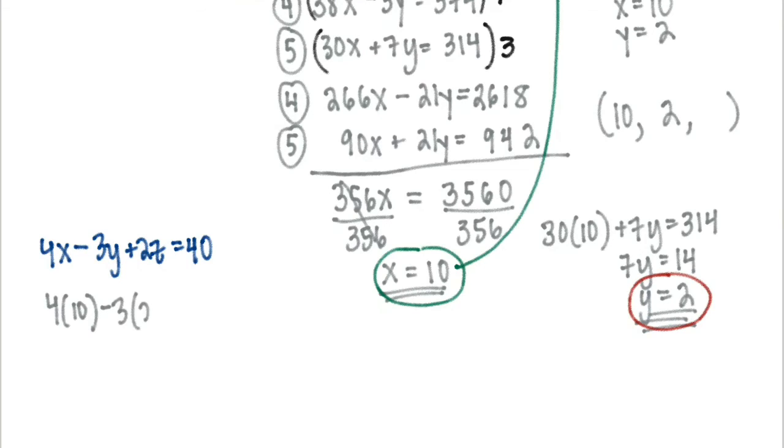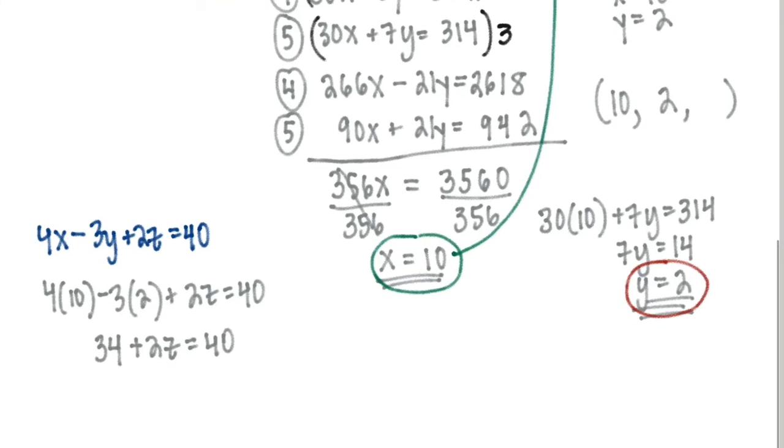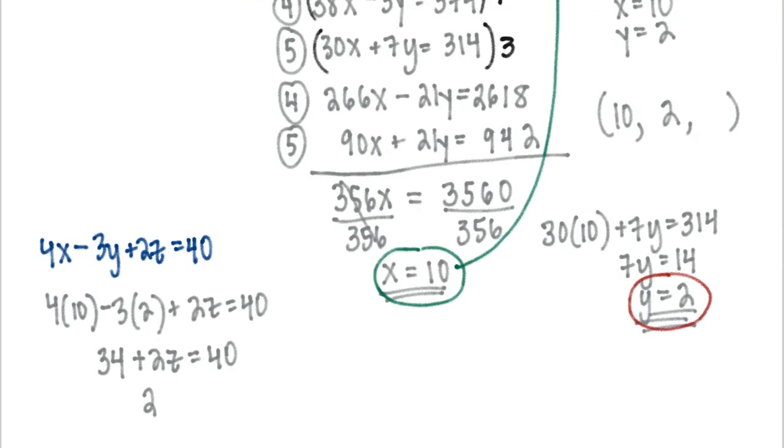We'll put 2 in for y. And hopefully this will be a nice number that doesn't cause us a problem. 40 minus 6 is 34. That could cause me a problem. I'm not real good with subtraction. Subtract 34 from both sides. 2z equals 6. z equals 3.